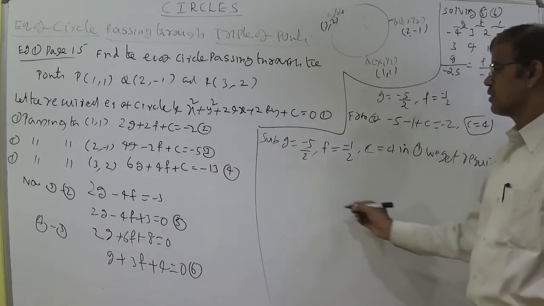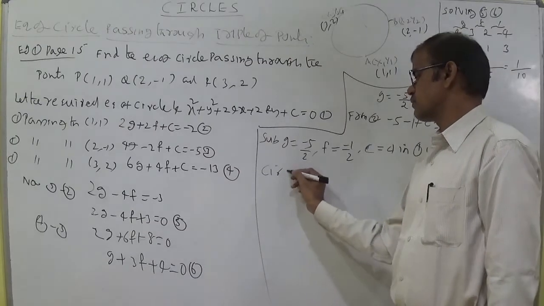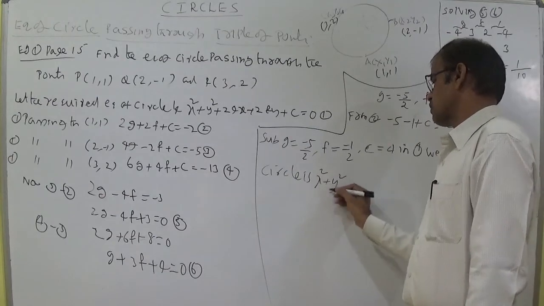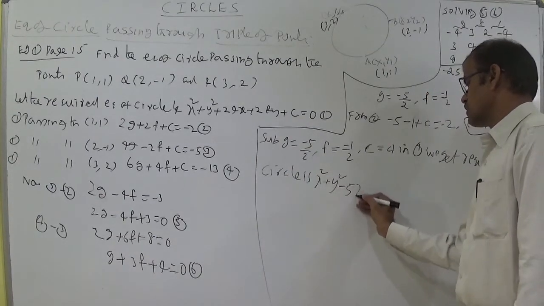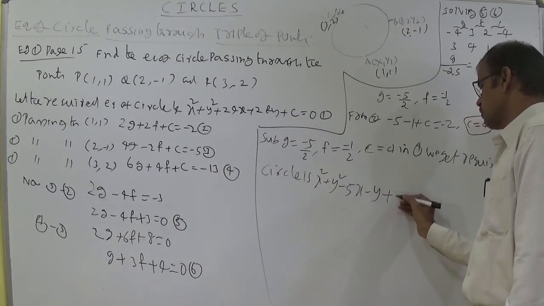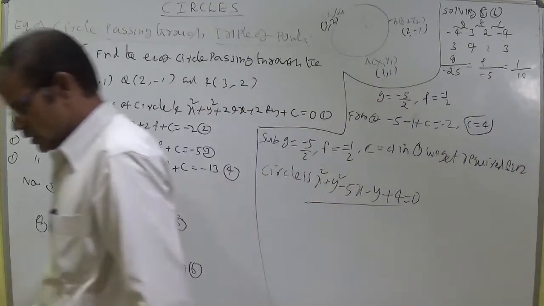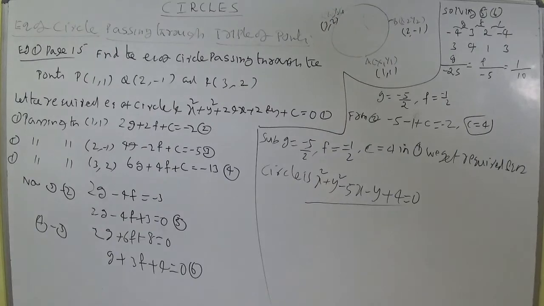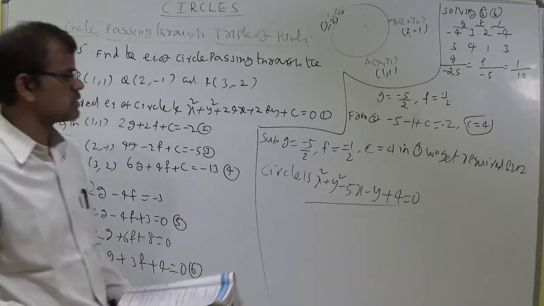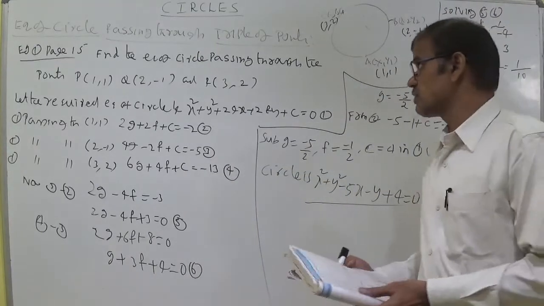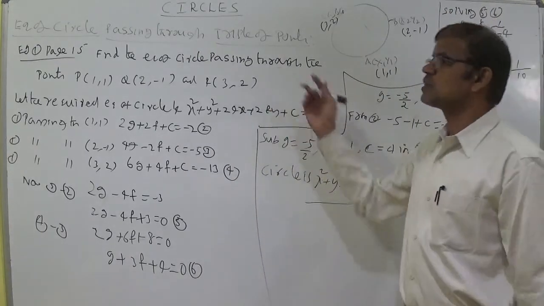The required equation of circle is x square plus y square minus 5x minus y plus 4 equal to 0. It is the equation of circle passing through the triple of points.